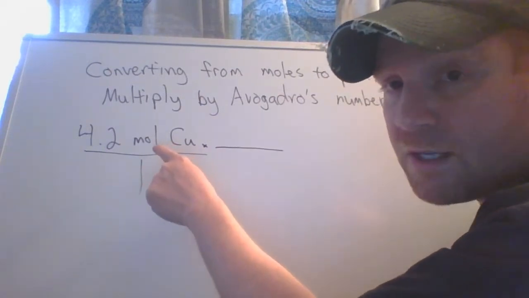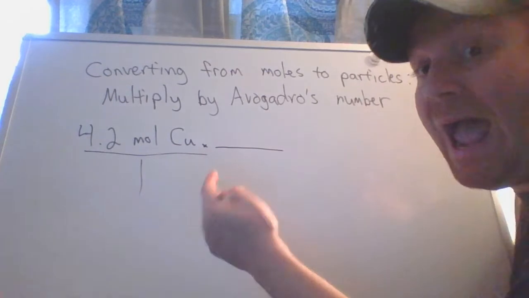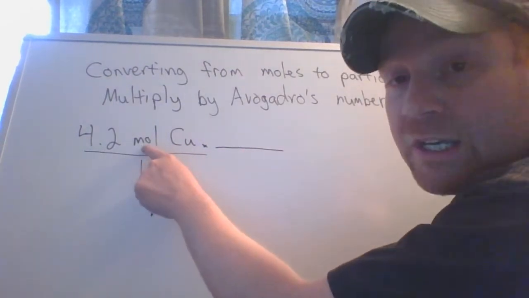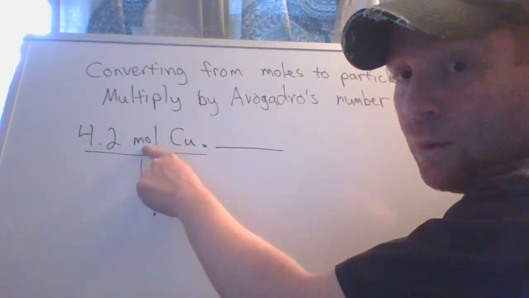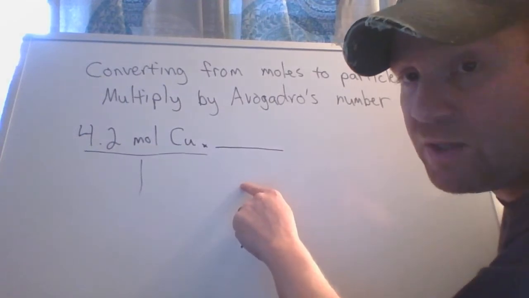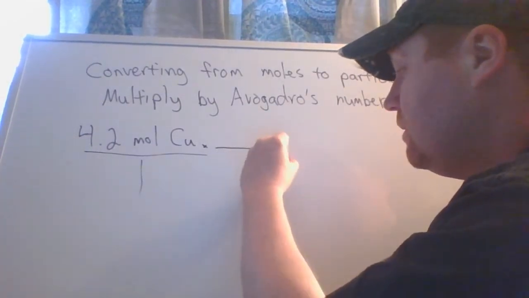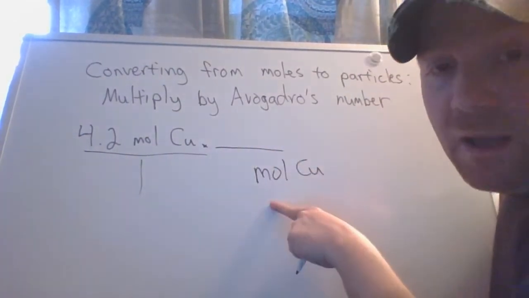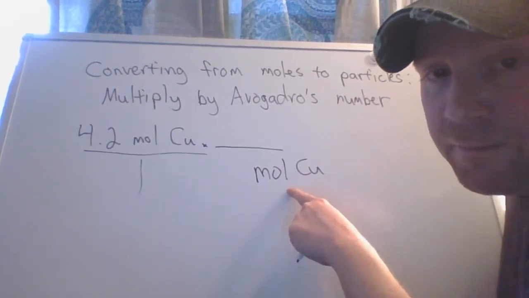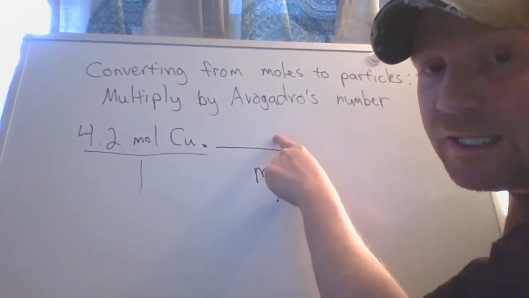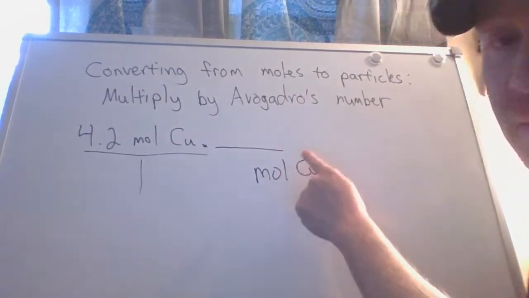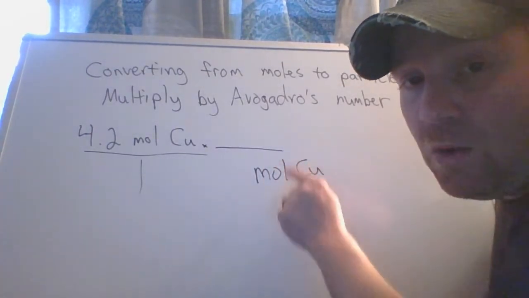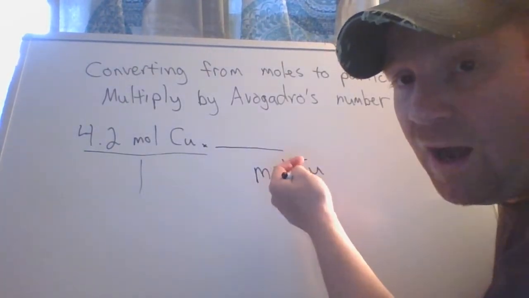We don't want moles in our final answer. We want atoms. What we can do is bring moles down because we want it canceled out. I simply wrote moles of copper. What I want on top is atoms of copper. You can now convert from moles to atoms using Avogadro's number.